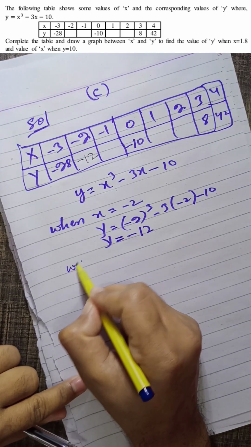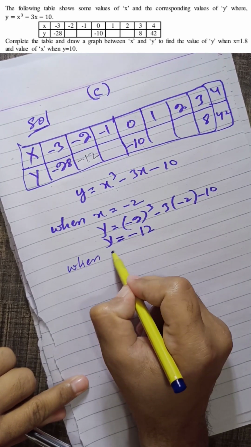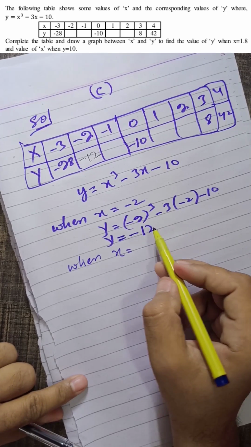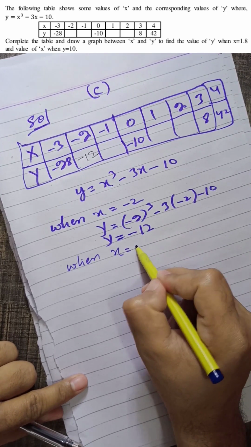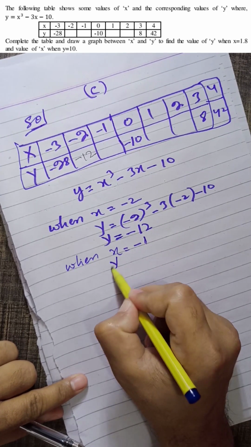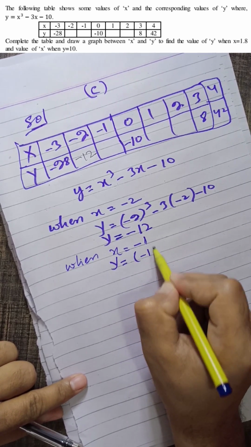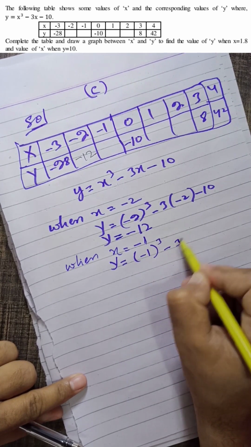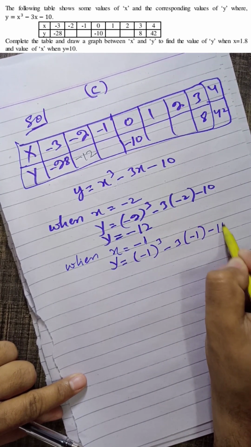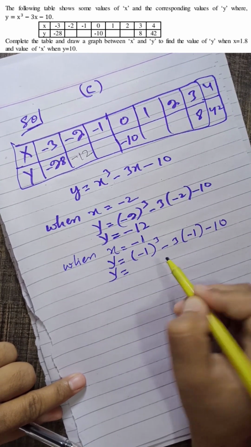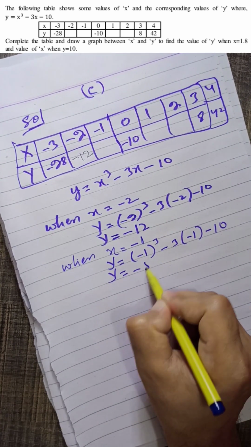Now when x is equal to minus 1, then y will be equal to minus 1 cube minus 3 into minus 1 minus 10. This implies y will be equal to minus 8.